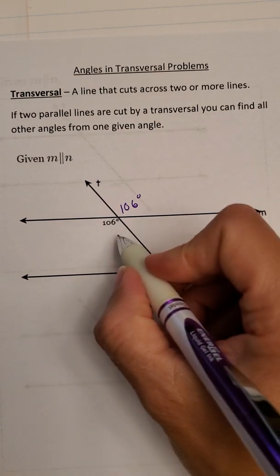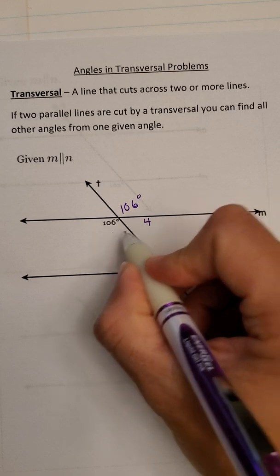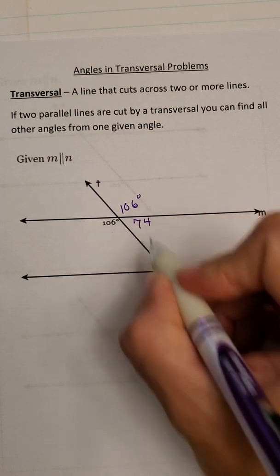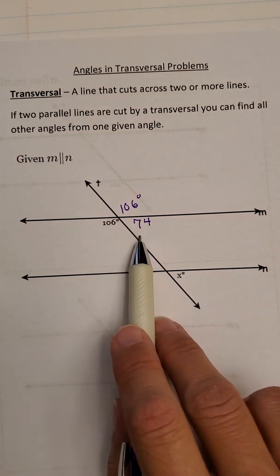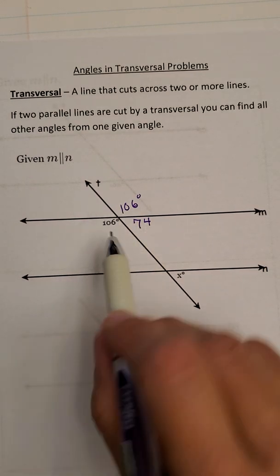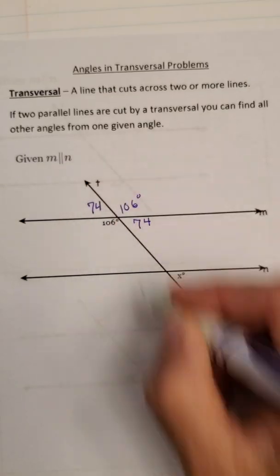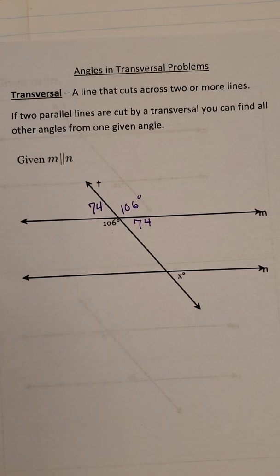Remember, supplementary means 180. How do I get there? Well, 4 will get me to 110 and 7 would get me to 80, and then I would have 180. But if that one is 74 and this is also supplementary, or you could say it's vertical, then this one also is 74. So I just knew one of those angles and I found the rest of them.